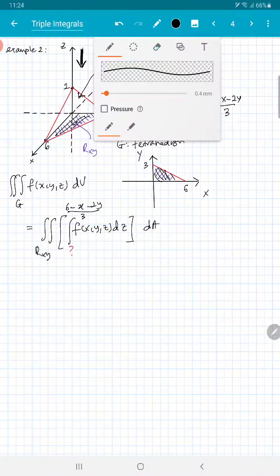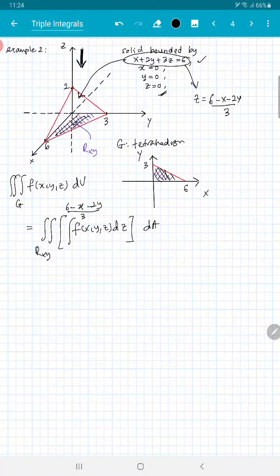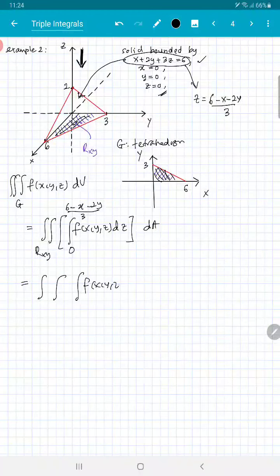So the lower limit for z is z equals 0. Okay, so now I'm going to rewrite this. We have our function f x y z. The first order of integration would be with respect to z, z from 0 to the plane, which is governed by this equation, 6 minus x minus 2y over 3.